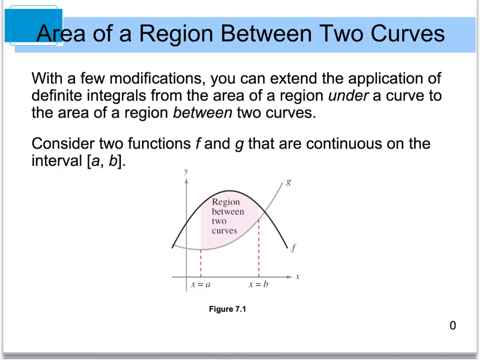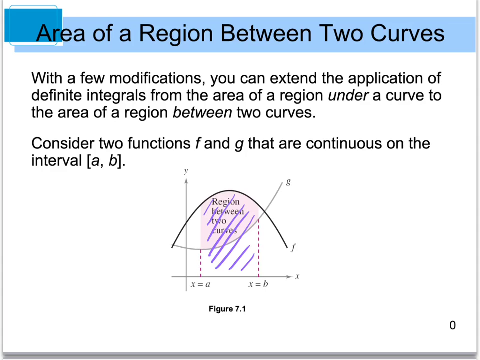And if you think about what we've learned so far, if I want to find the area underneath the curve, I would just integrate function f. So if I want to find the area in this region here underneath function f from A to B, I would just integrate that curve.